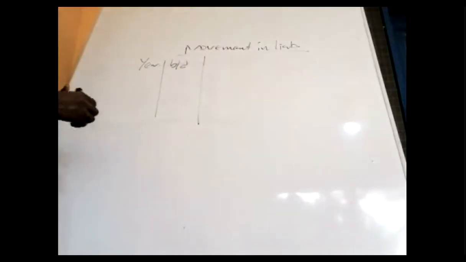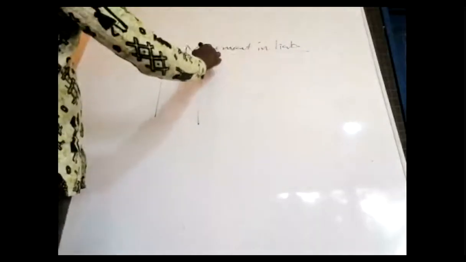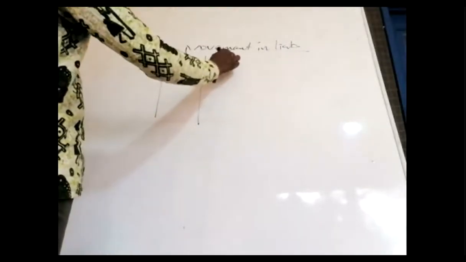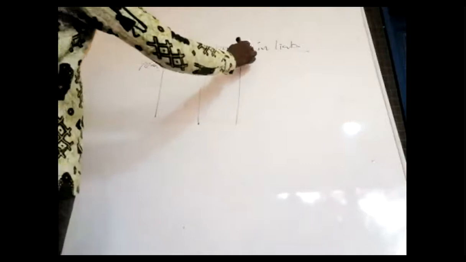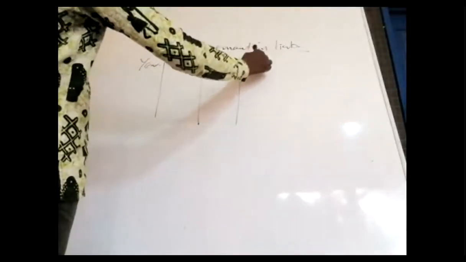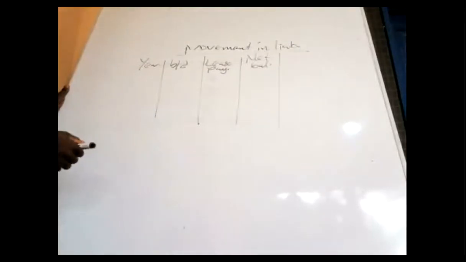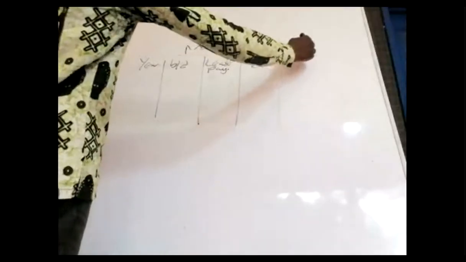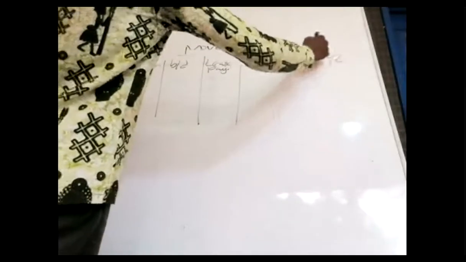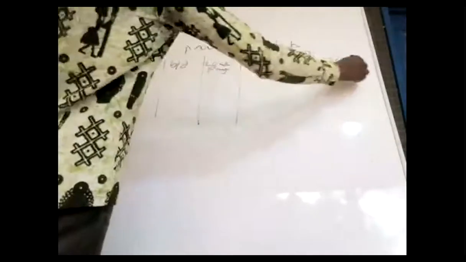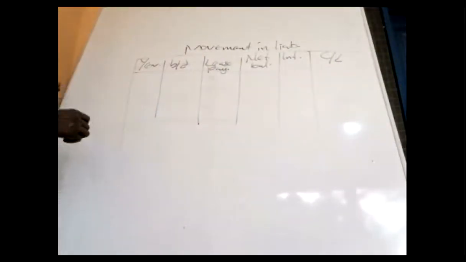Then we go to the rental payment, or annual payment, or lease payment. Then we go to the net balance after the payment. Then we go to interest. Then we go to the closing balance. That is how it will look like. Good.